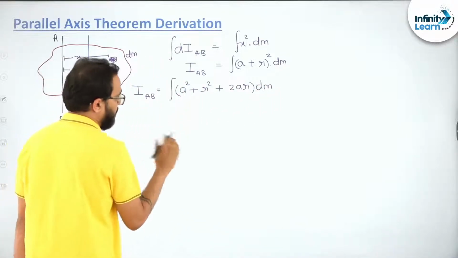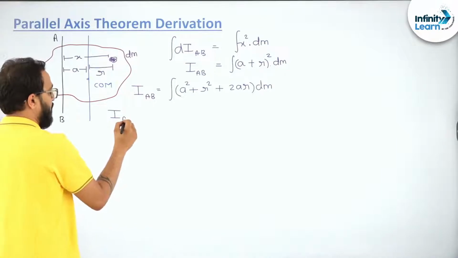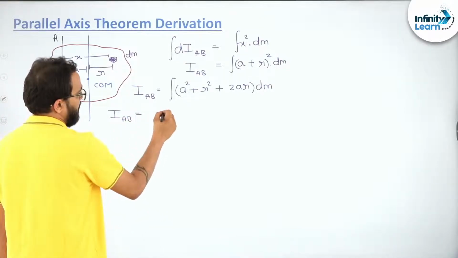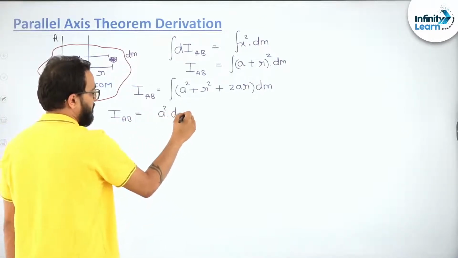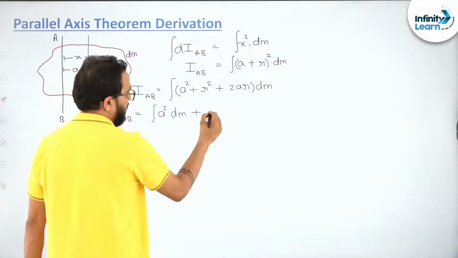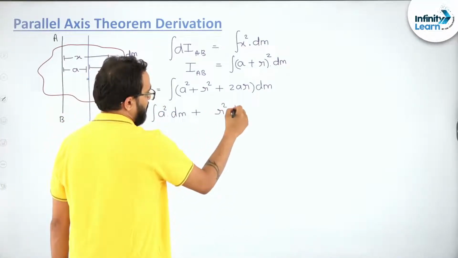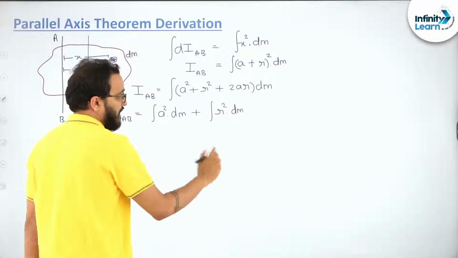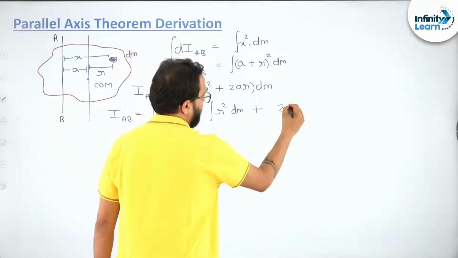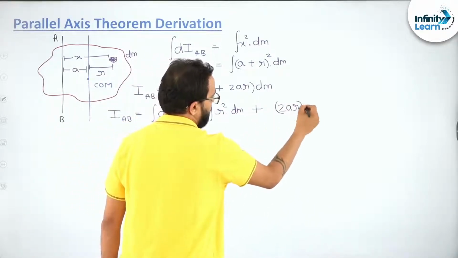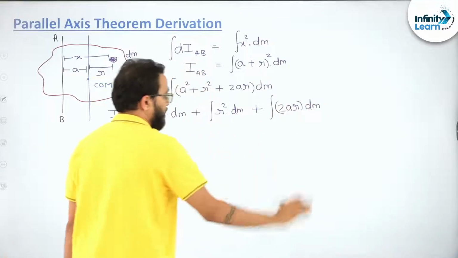Now, I about AB will become a square dm, r square dm, plus 2ar dm, perfectly right direction.